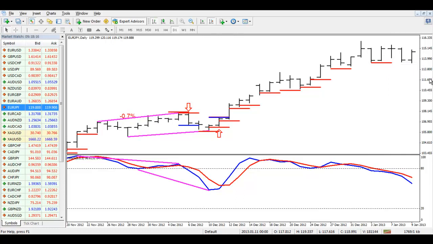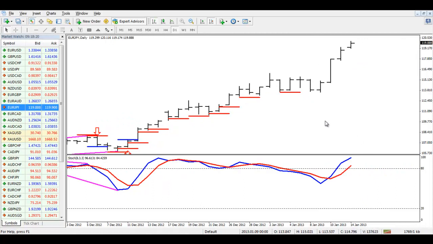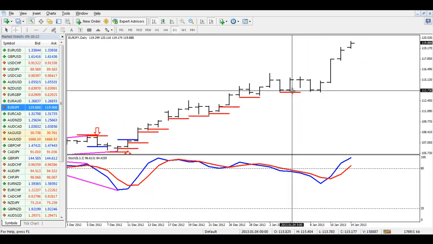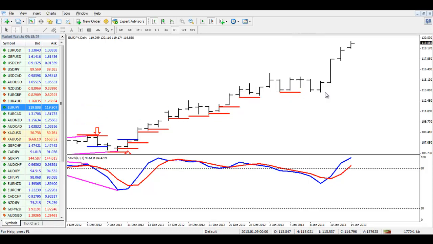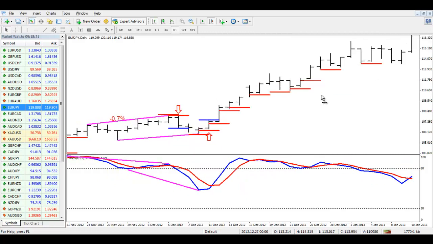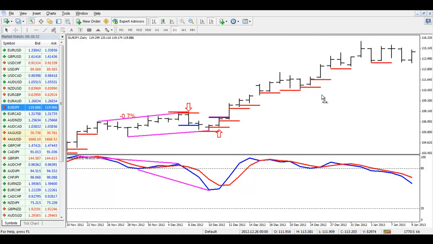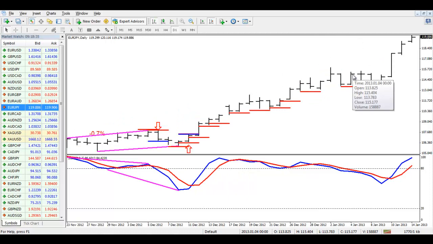Let's just measure that and double check. We see actually through here our stop loss could well have been hit, so we'll assume that it has been. We look at the low of this bar, it was 78.